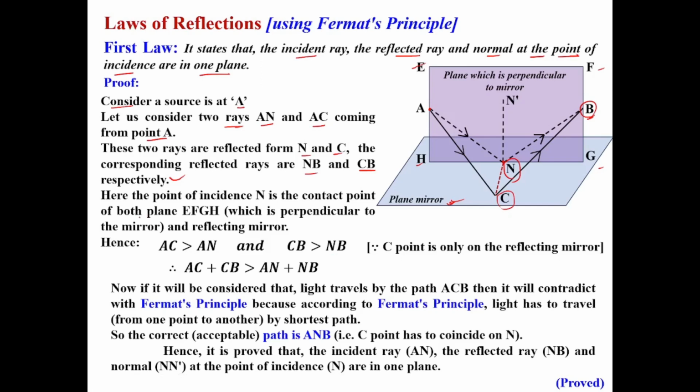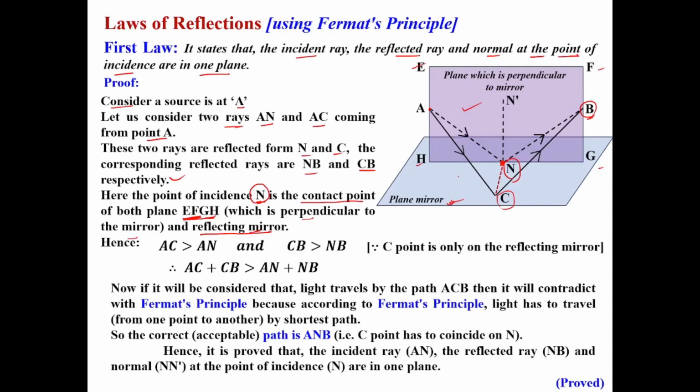Here the point of incidence, that is your N, is the contact point of both plane EFGH, which is perpendicular to the mirror, and the reflecting mirror.